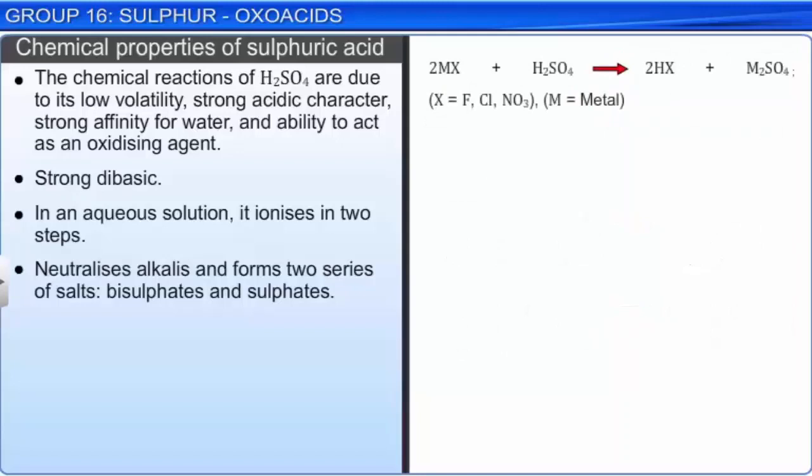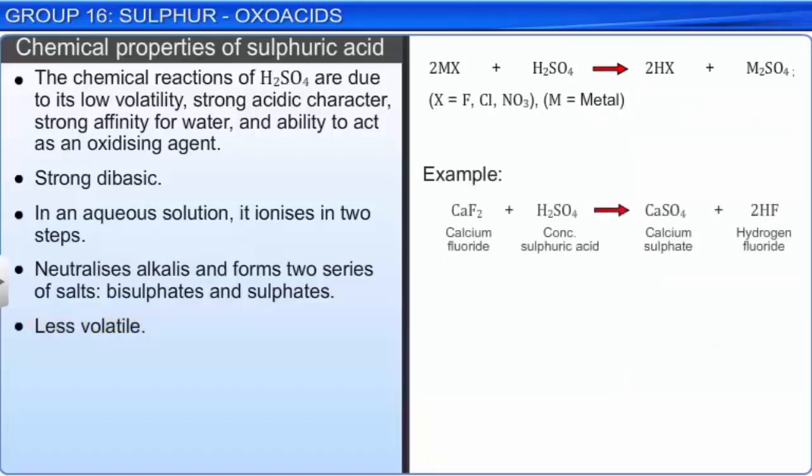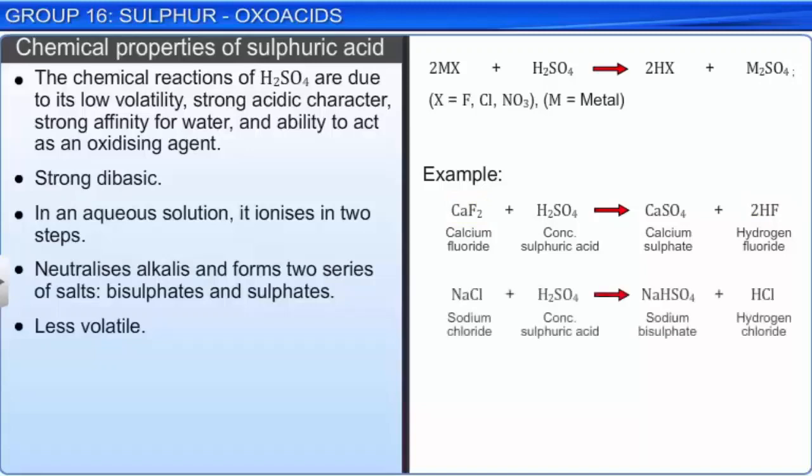Sulfuric acid, being less volatile, is used in the manufacture of more volatile acids from their corresponding salts. For example, concentrated sulfuric acid liberates hydrogen fluoride from calcium fluoride, and hydrogen chloride from sodium chloride.